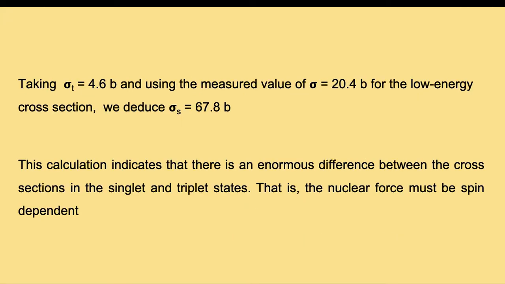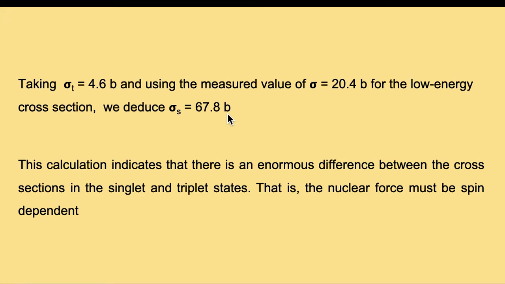We have already calculated the value for the triplet state. It is 4.6 barns, and the measured value of sigma is 20.4 barns. So for the low energy cross section, we deduce sigma s equal to 67.8 barns.